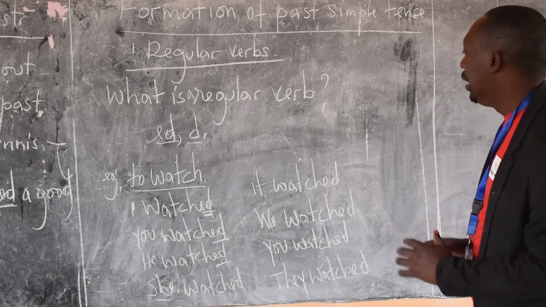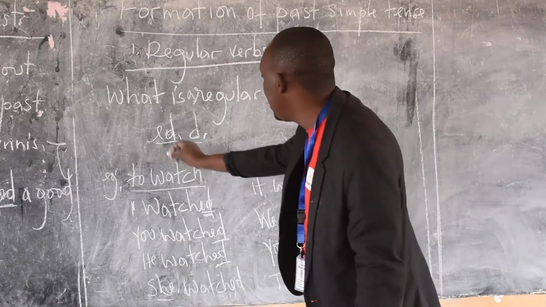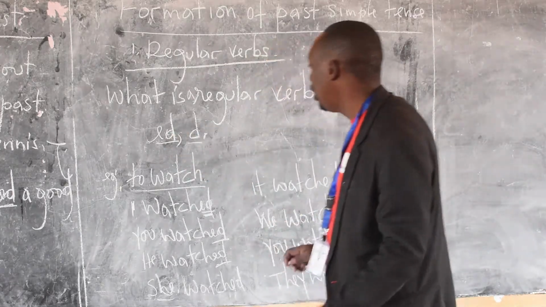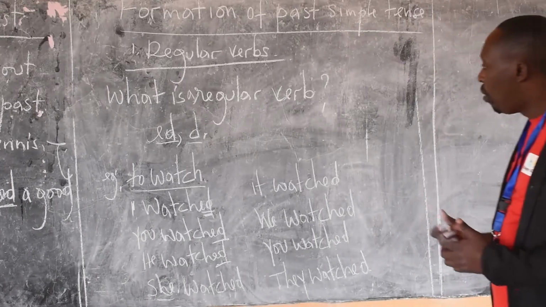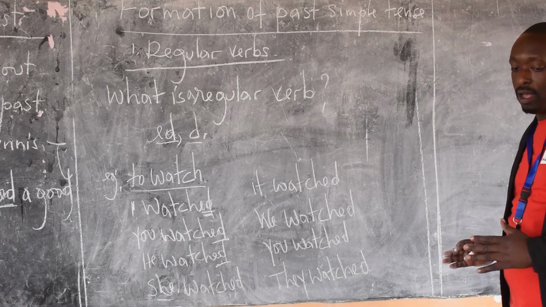So now, let us see different rules of adding either ed or d to form simple past tense of different regular verbs.